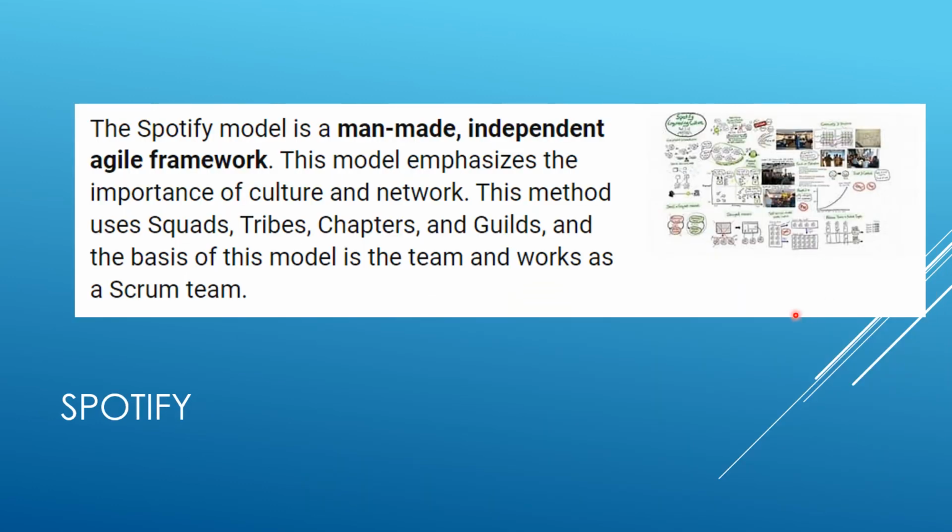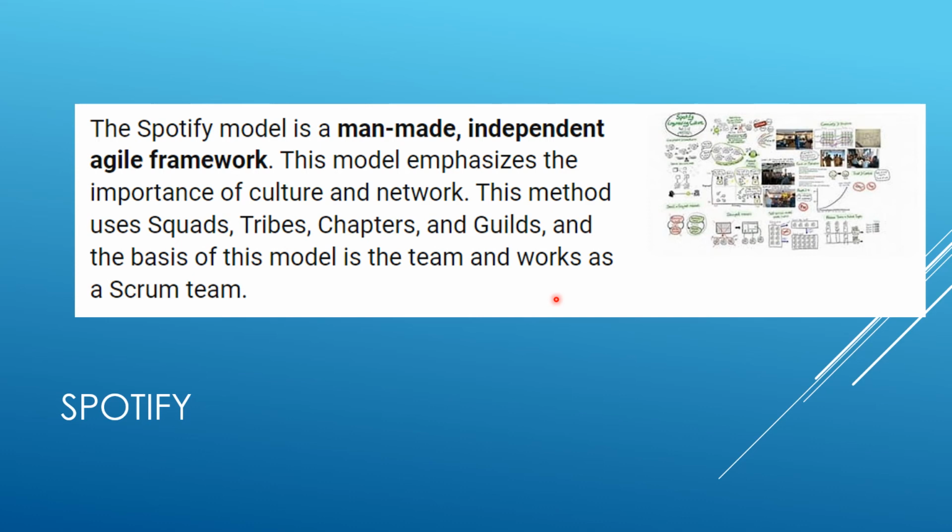And Spotify is another scaled agile framework, which is quite famous nowadays. At least 5% of companies are using it. The Spotify model is a homegrown, independent agile framework. This model emphasizes the importance of culture and network. It uses squads, tribes, chapters, and guilds, and the basis of the model is a team that works as a Scrum team.